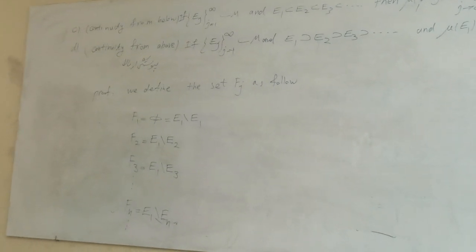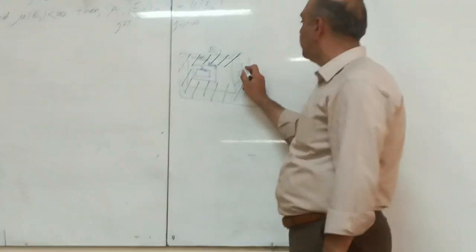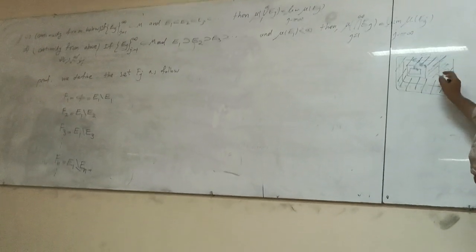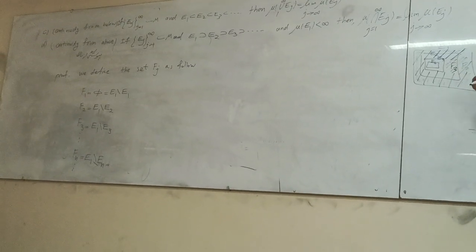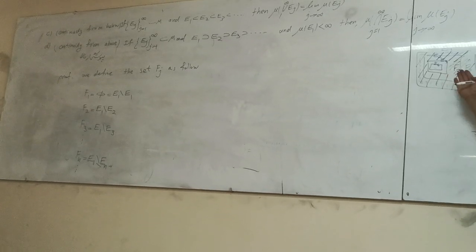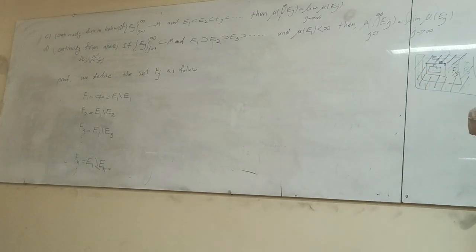See this black background, F3. So we can conclude F2 is a subset of F3, F3 is a subset of F4, and so on.